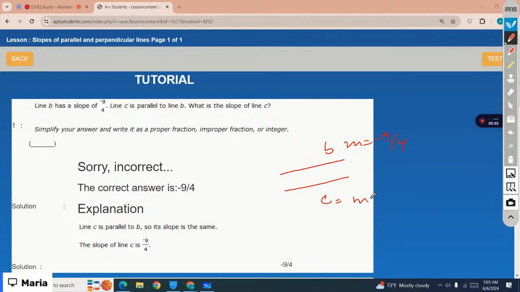That means the slope of line C is also -9/4. Got it? The correct option is -9/4.